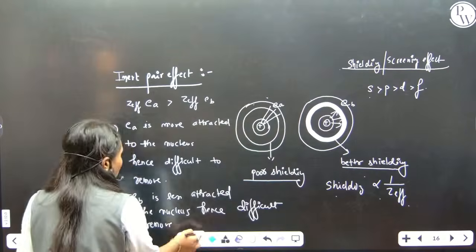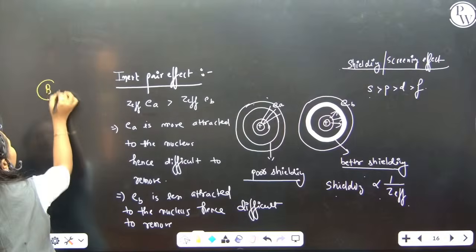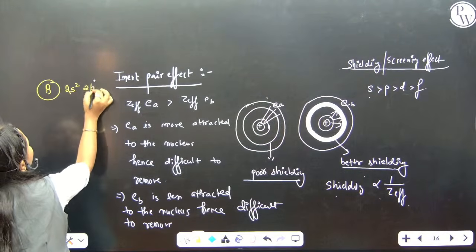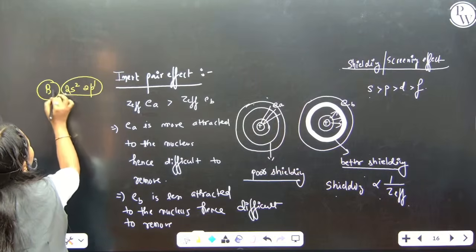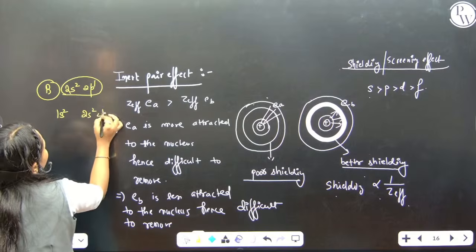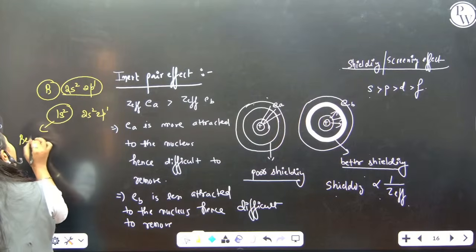Okay, now let's see the boron family. Boron's electron configuration is 2s2, 2p1. Who is shielding these valence electrons? 1s2, and 1s2 has the best shielding.